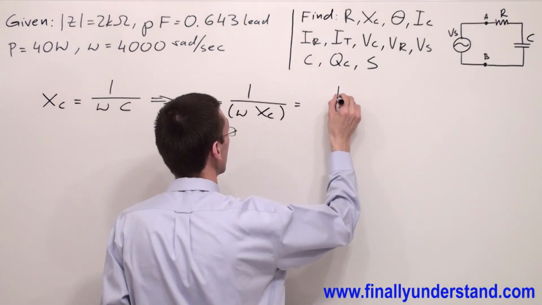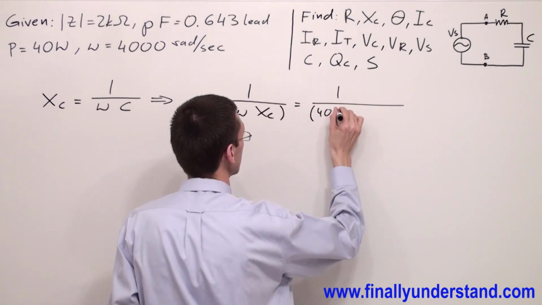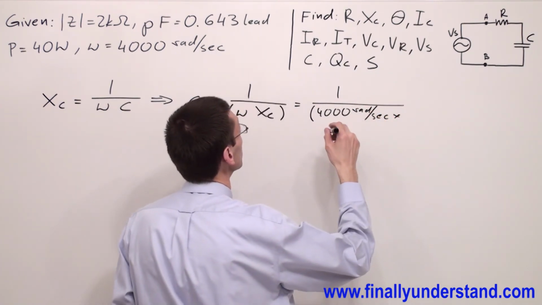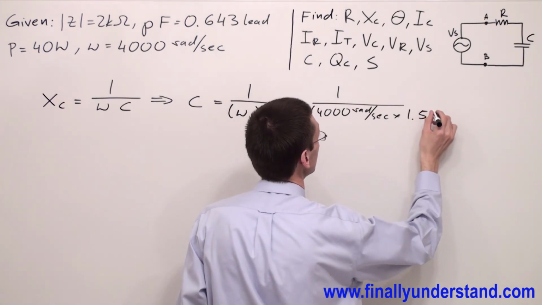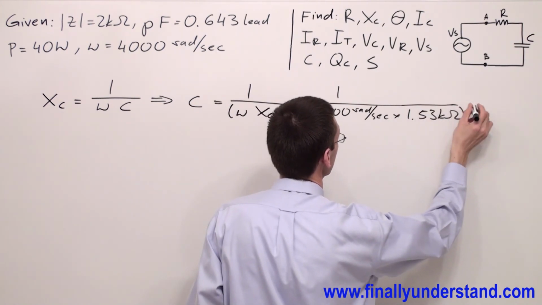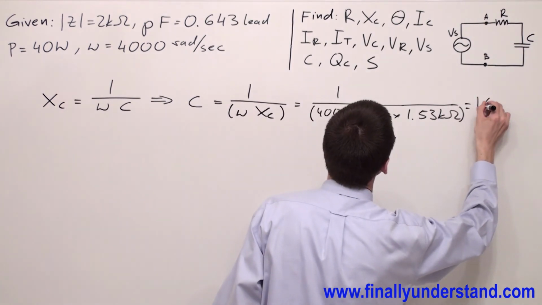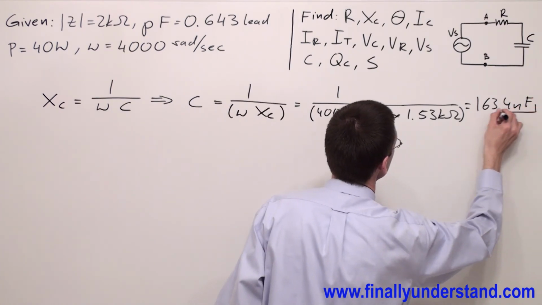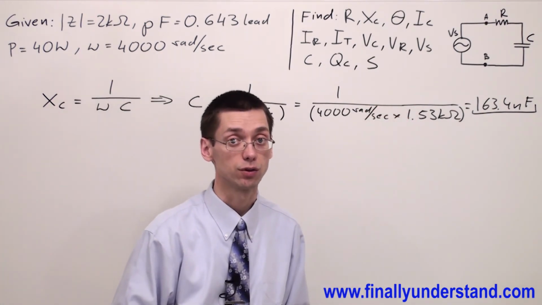This is equal to 1 divided by, open parenthesis, 4,000 radians per second times XC, which is equal to 1.53 kiloohms. Okay, use the calculator. You're supposed to get the value of 163.4 nanofarads. This is the capacitance of that capacitor.